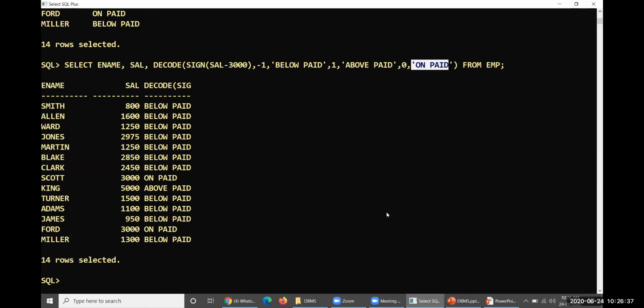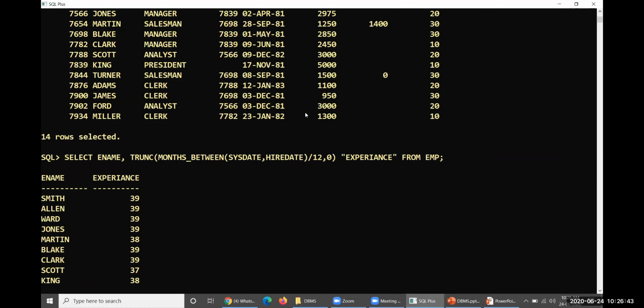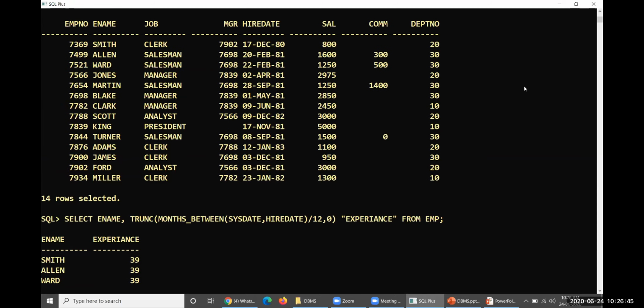Look at this particular table, the output of this employee. Here we have employee salary, and some people do not have any commission, but some people do have a commission. Total salary, or gross salary, means salary plus commission.